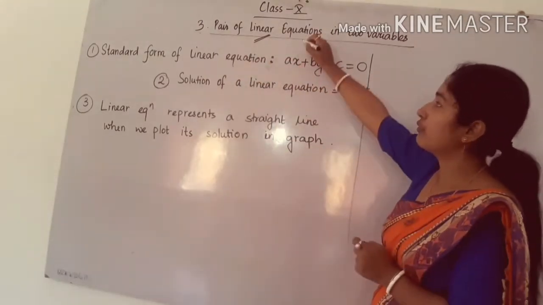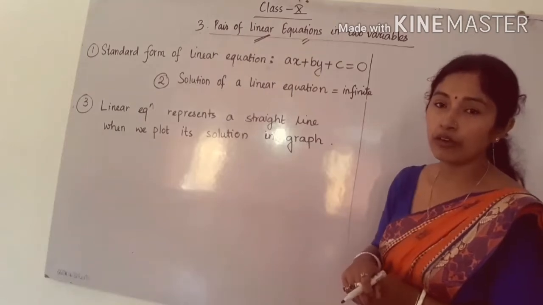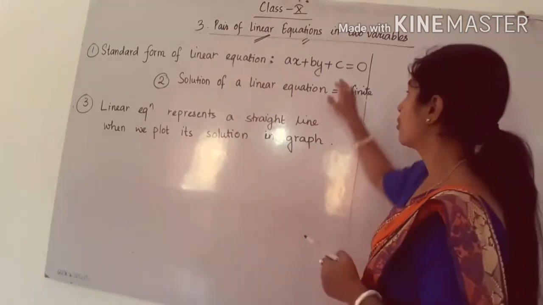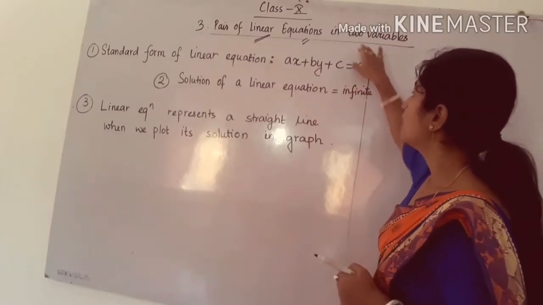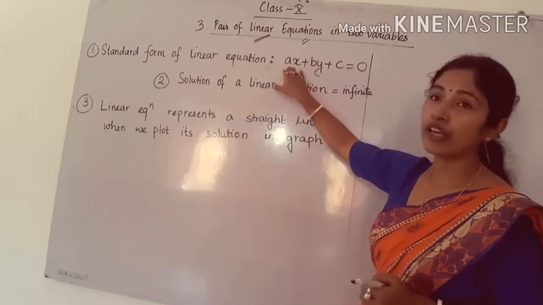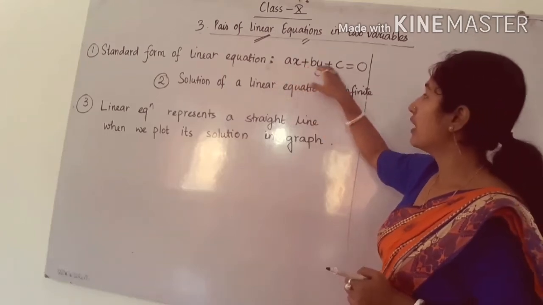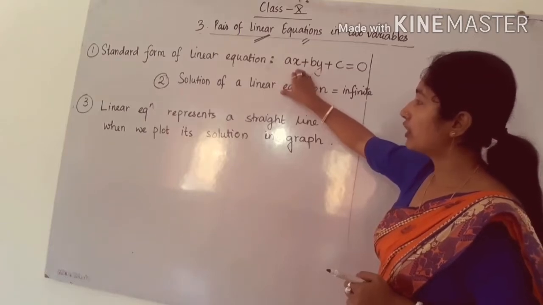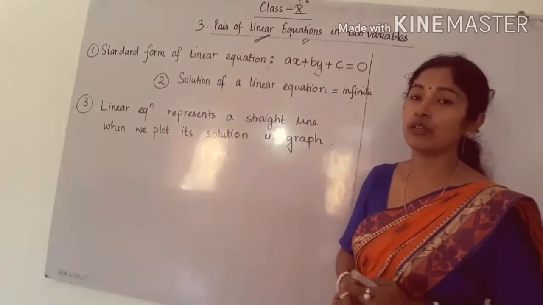And what is the meaning of equation? That means one equal to symbol will be present and it equals a number, so equal to 0. Two variables, because the variables are 2. So a is the coefficient of x, b is the coefficient of y and c is the constant. This standard form I have written is for only one linear equation.